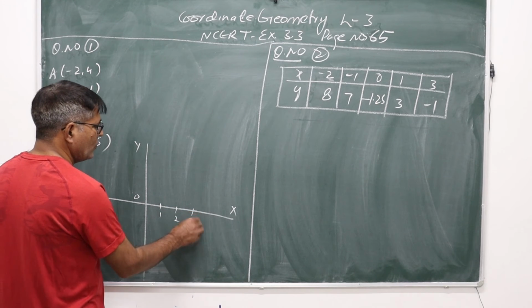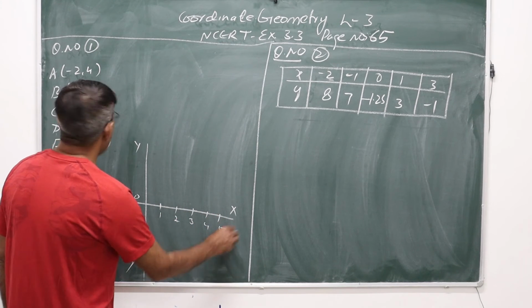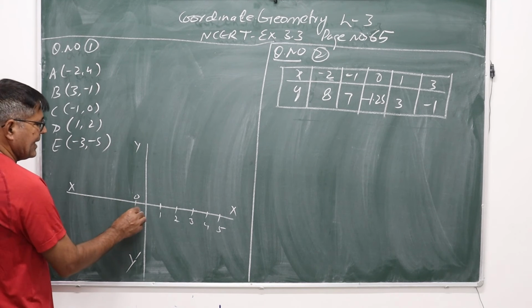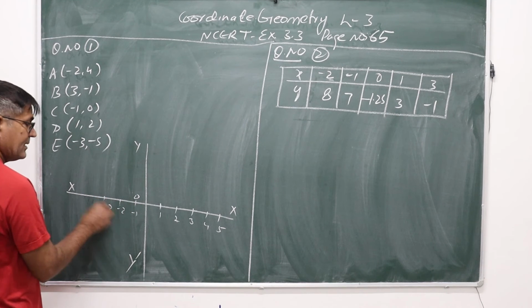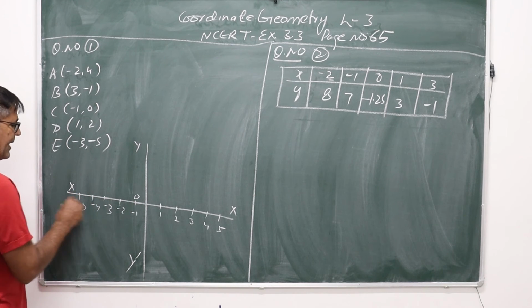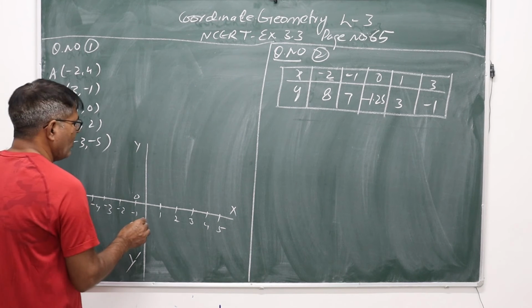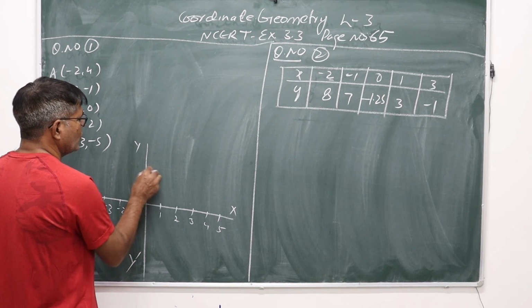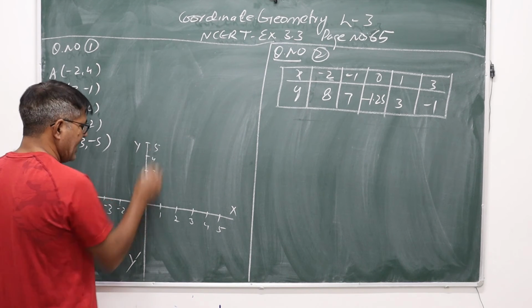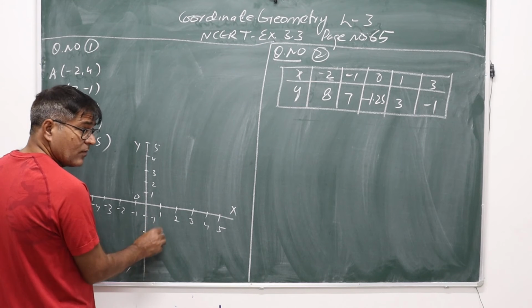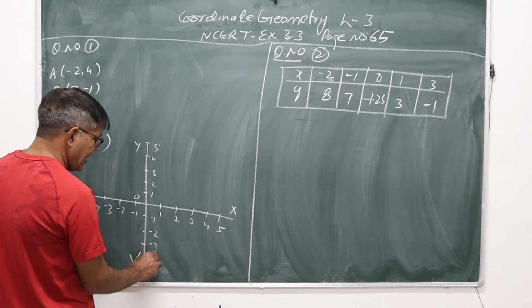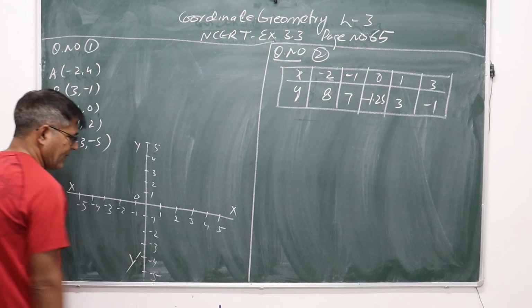So 1, 2, 3, 4, 5, and here -1, -2, -3, -4, and -5. Similarly on y axis, 1, 2, 3, 4, and 5, and negative -1, -2, -3, -4, and -5.